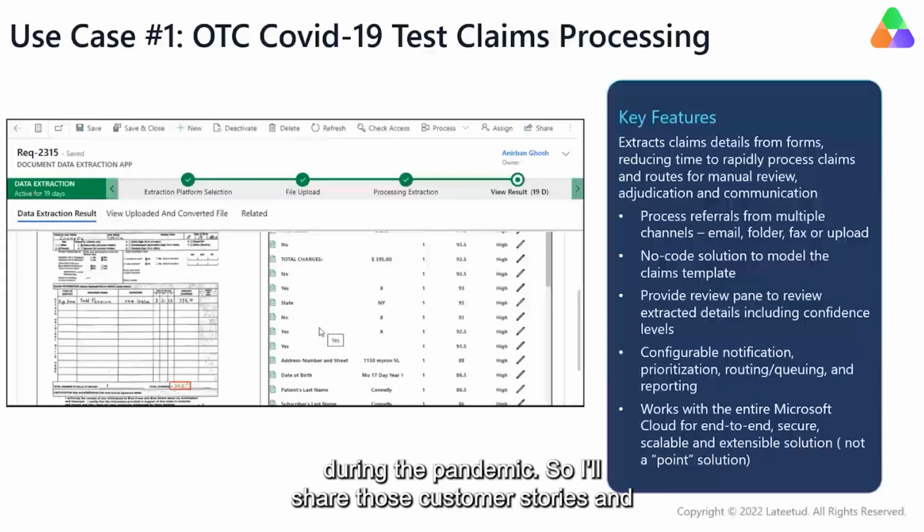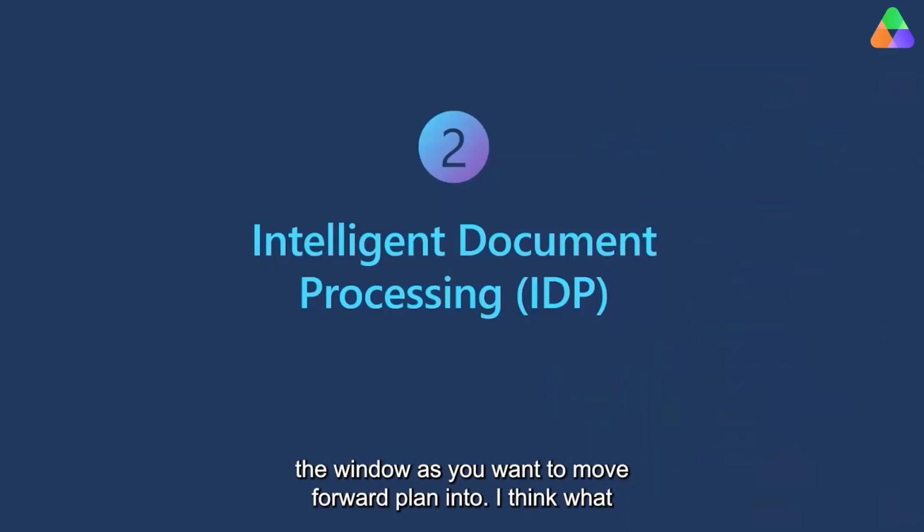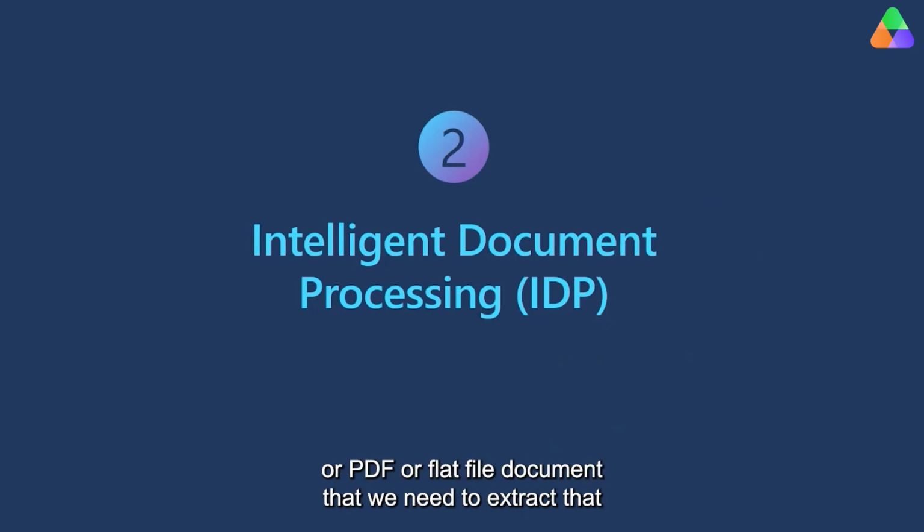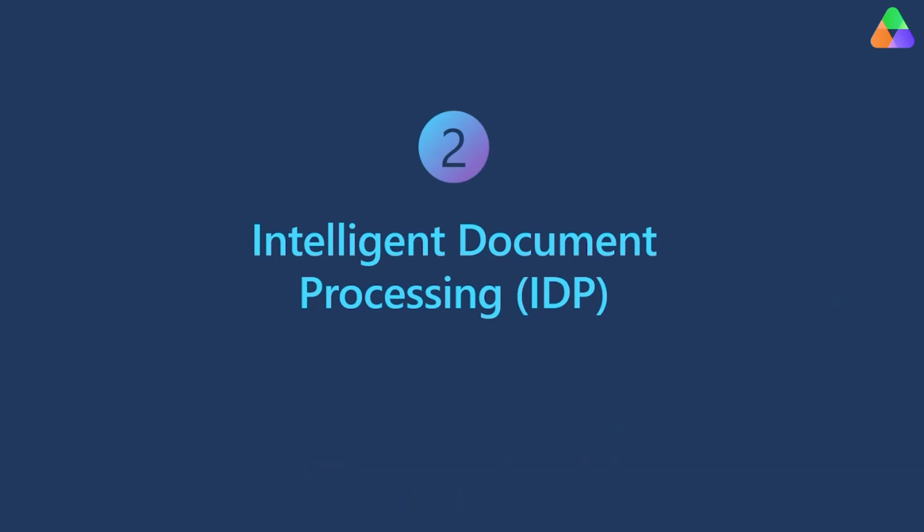So I'll share those customer stories in the window as you move forward, Pawan, into, I think, what resonates with everybody. We have some sort of paper or fax or PDF or flat file document that we need to extract that data from and draw insights and act on.